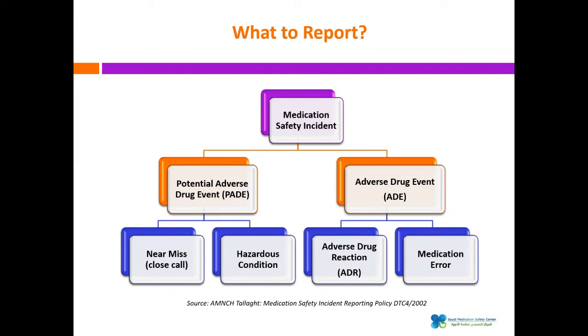And those should be reported as well. Although it demonstrates our system is working, it gives us the opportunity to make our system safer by trying to eliminate the hazardous conditions.